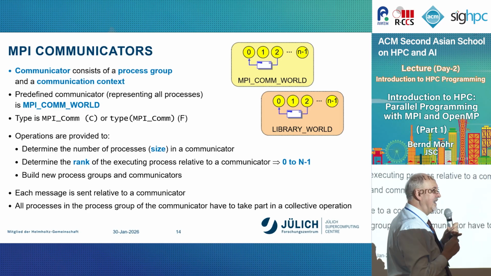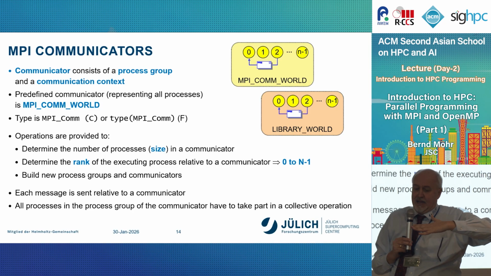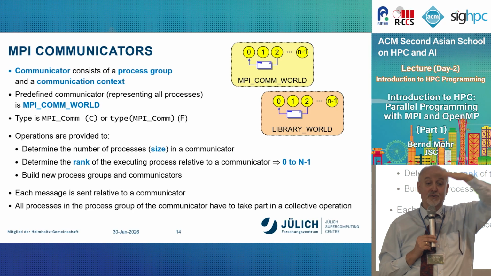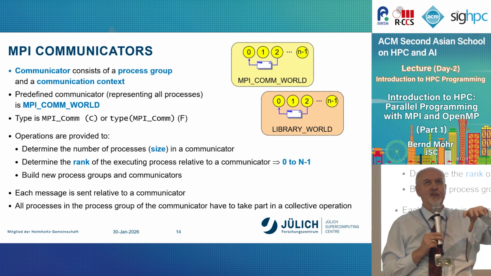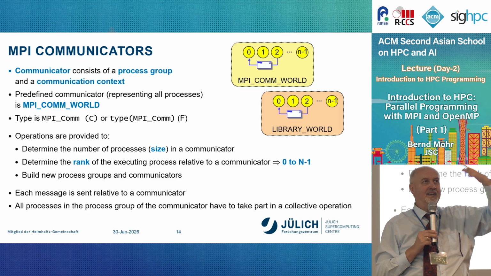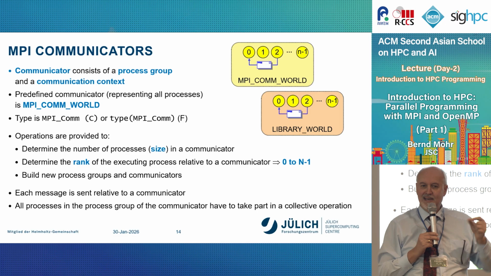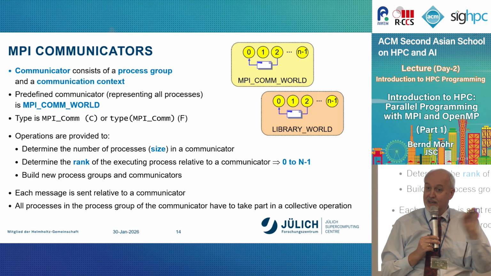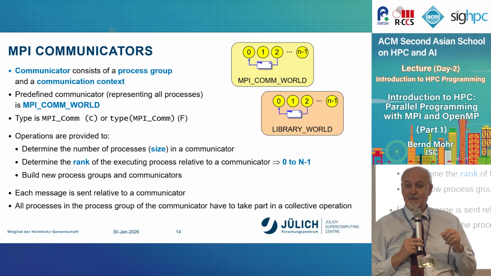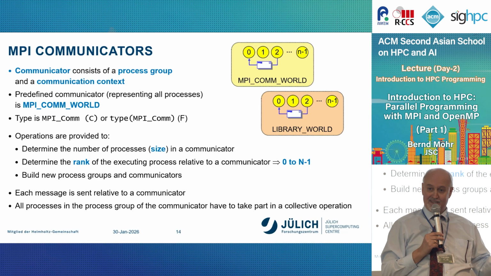Yeah, and typically everyone is communicating in your program. Then there's another group of people who give you a mathematical library, for example how to do a matrix multiply. They also want to use MPI to communicate the matrix multiplication, but you want their messages not to get mixed up with your messages.